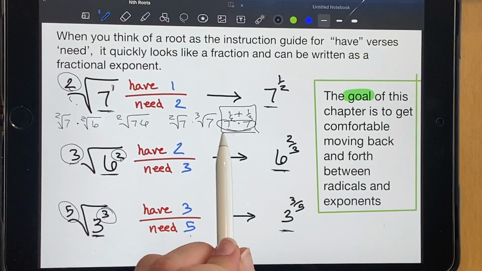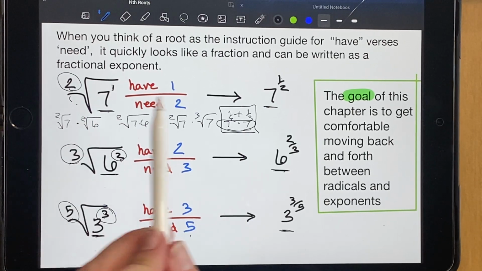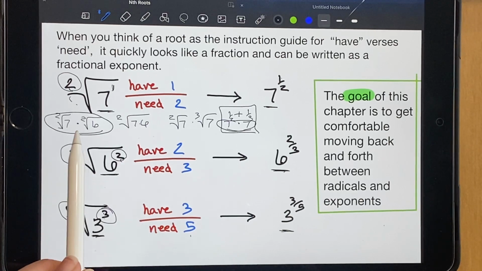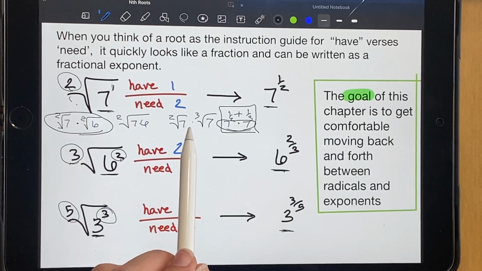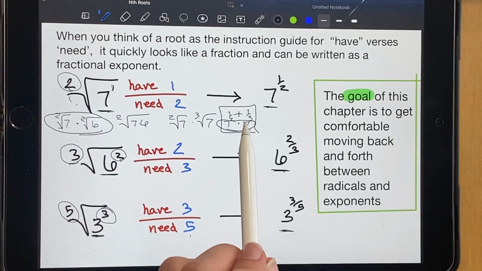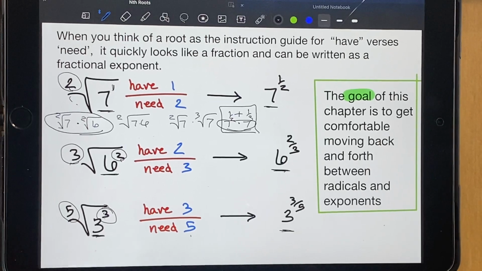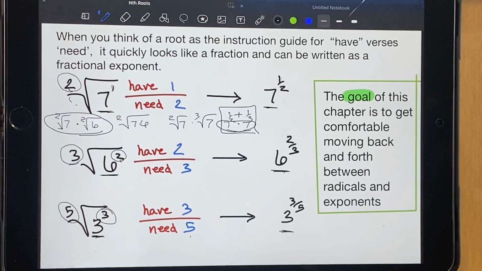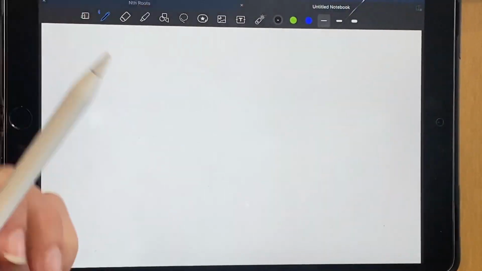So as we can see, knowing how to go back and forth means that sometimes we can use our radical rules to simplify. Sometimes we can't, but if we switch it to exponent rules, then we can. So that's the whole point of going back and forth with our nth roots.